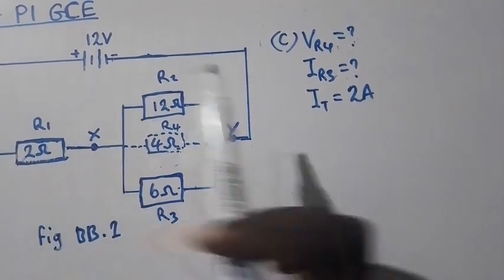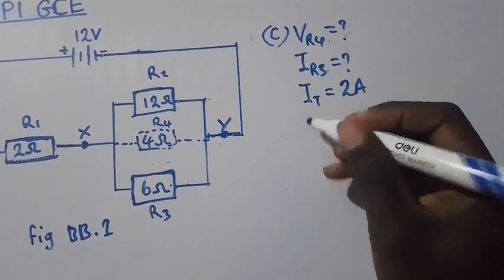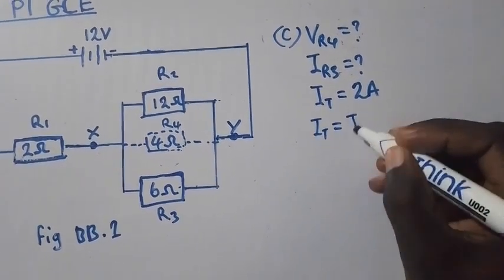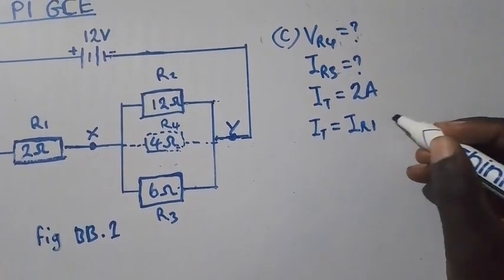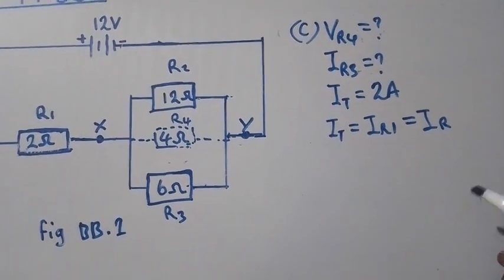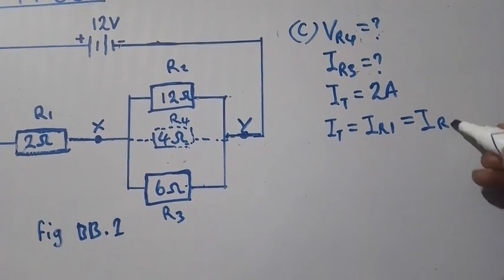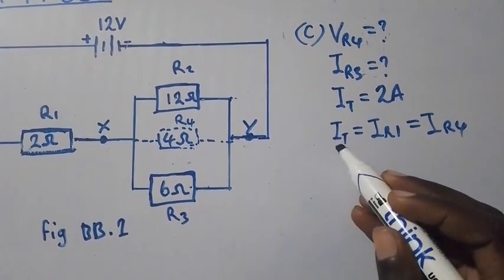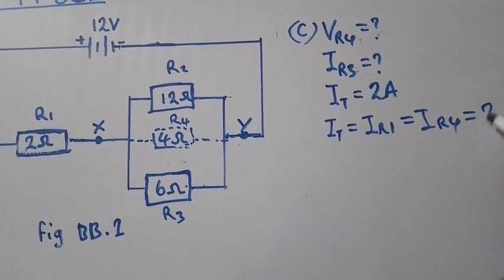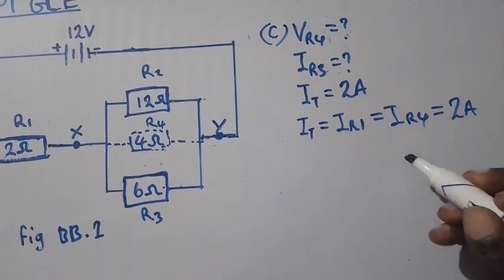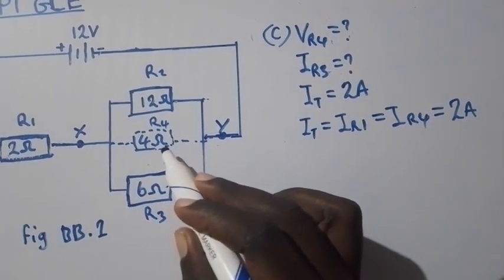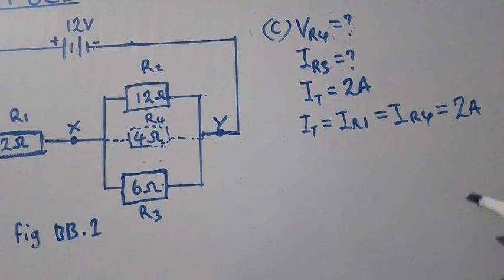So in short, IT is equal to IR1, which is equal to IR4. Now I total, we have 2 amps, which means IR4 will be equal to 2 amps as well. The current passing through resistor 4, which is 4 ohm, is 2 amps.